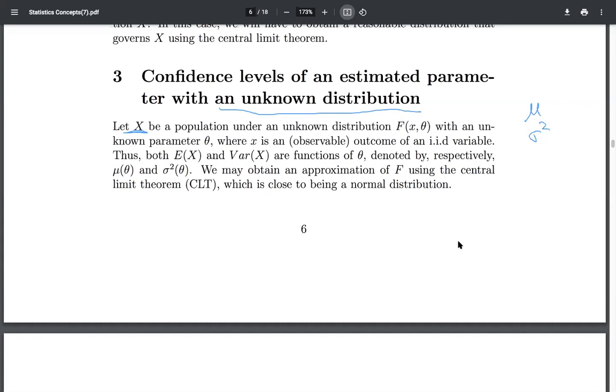But this is what we want to know, and then we want to know the underlying distribution, so let's call it distribution. None of these are known. So how do we carry out this computation?